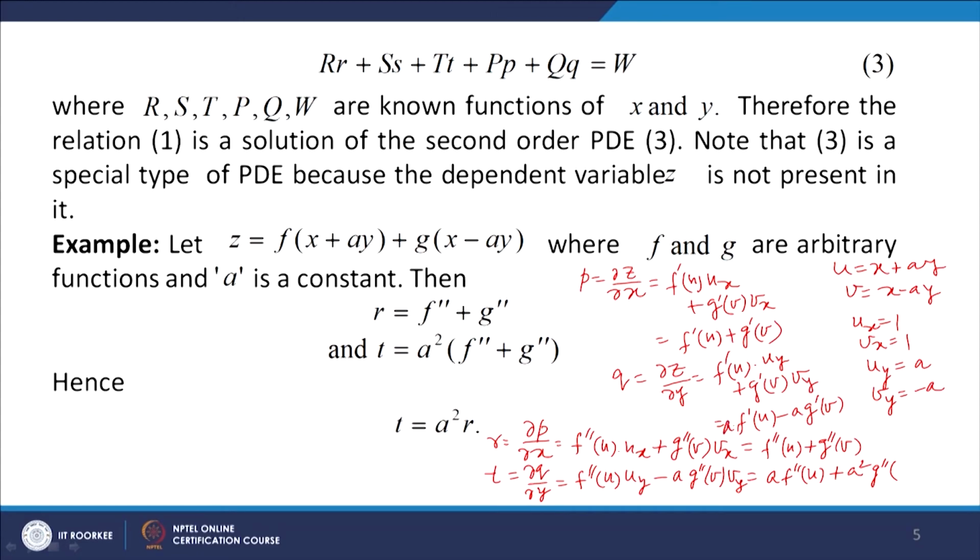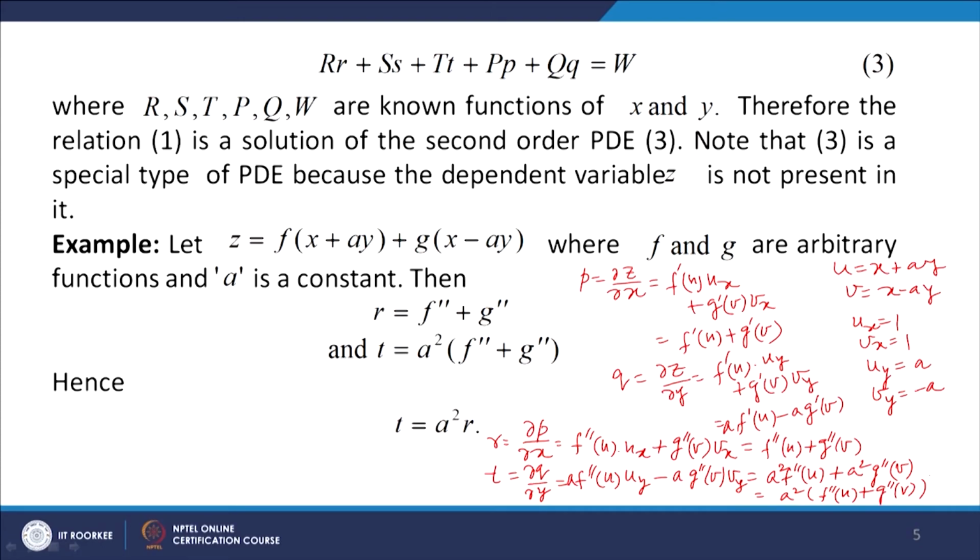I have not written a here. So this is a square, okay, a square f double dash u plus a square g double dash b, and this is equal to a square times f double dash u plus g double dash b.